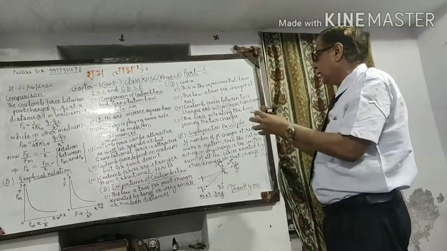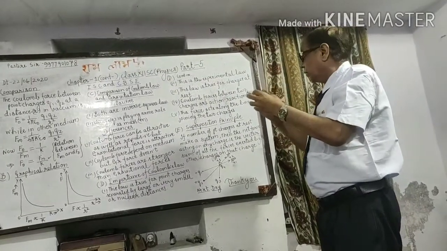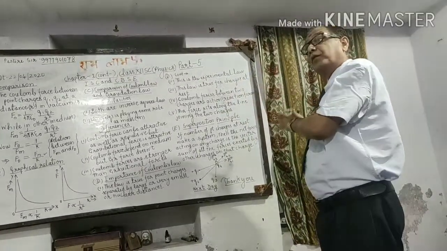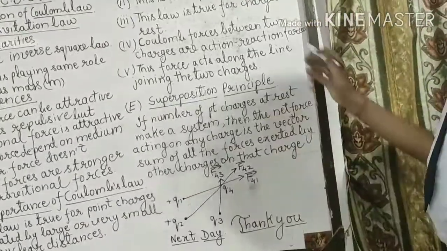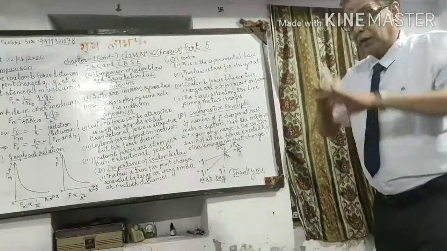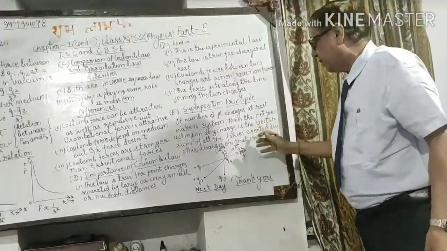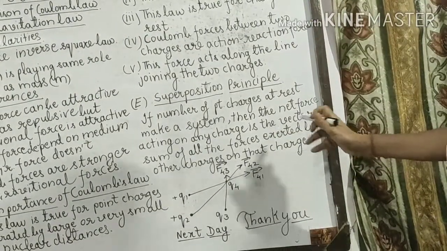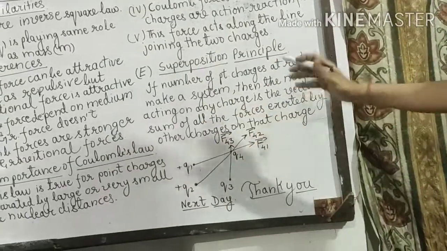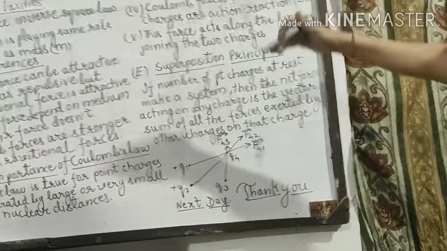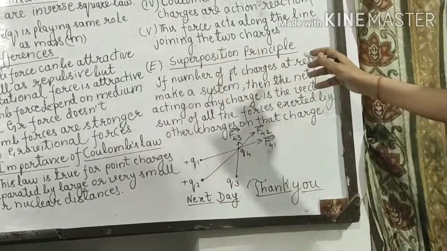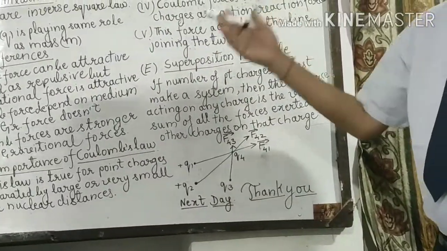In this way they make pairs, and each interaction force is not affected by the presence of other charges. So if a number of point charges are at rest and make a system, then the net total force acting on any stable charge, meaning a charge at rest, is the vector sum of all the individual forces exerted by the other charges on that particular charge. This is called the superposition principle or multiple of charges.